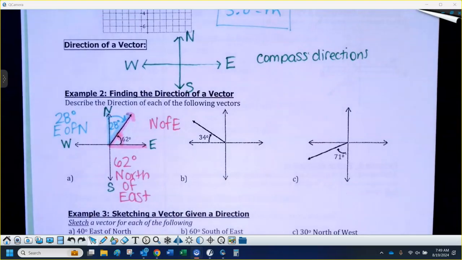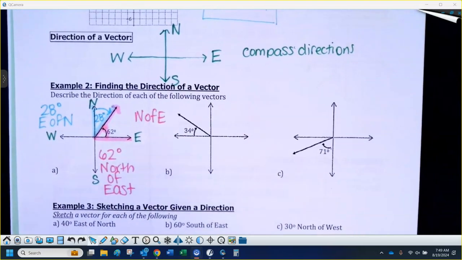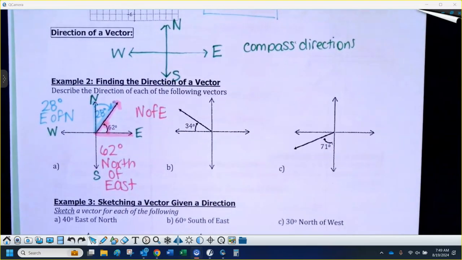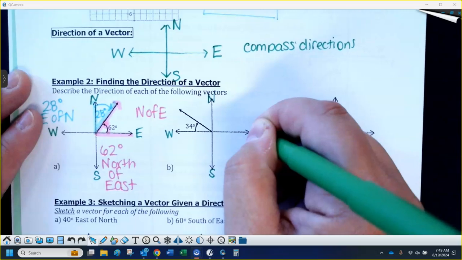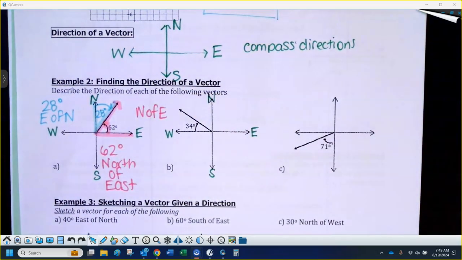They don't use northwest. They do that for some other stuff when you get into bearings and things like that, but we don't do that for the vectors. Good point. You guys will do that when you get to trig too.